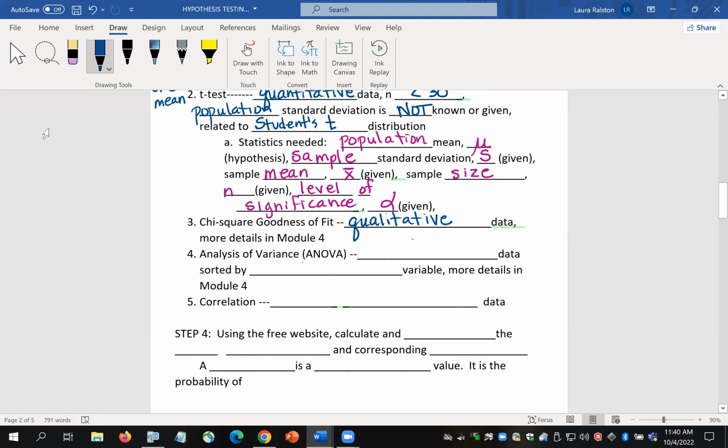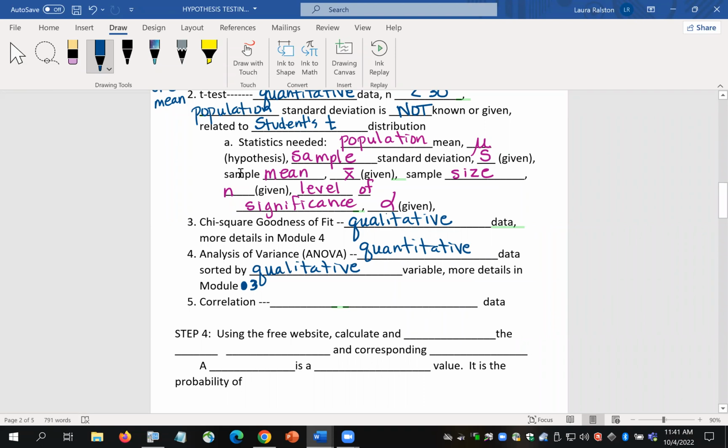Analysis of variance, or abbreviated ANOVA, is actually kind of a combination because it is quantitative data. So we have numbers sorted by a qualitative variable. And actually, this particular topic in this course is the last part of Module 3.